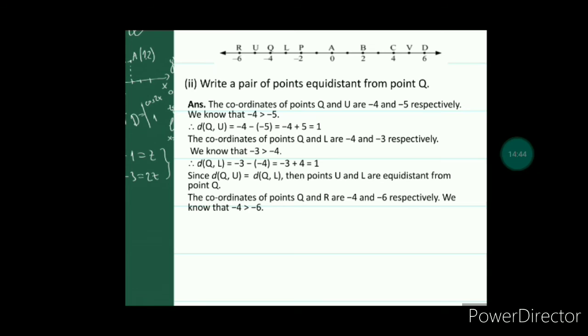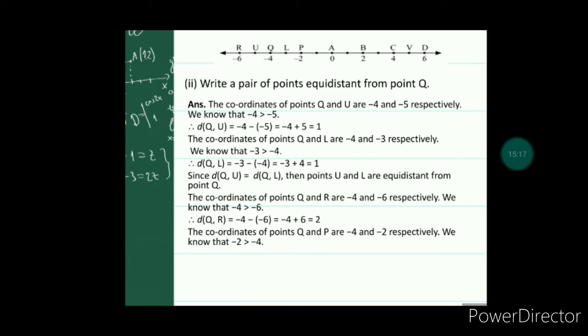The coordinates of points Q and R are -4 and -6 respectively. We know that -4 is greater than -6. Therefore, distance QR equals -4 minus (-6), which is -4 plus 6, that means 6 minus 4, equal to 2. The coordinates of points Q and P are -4 and -2 respectively.